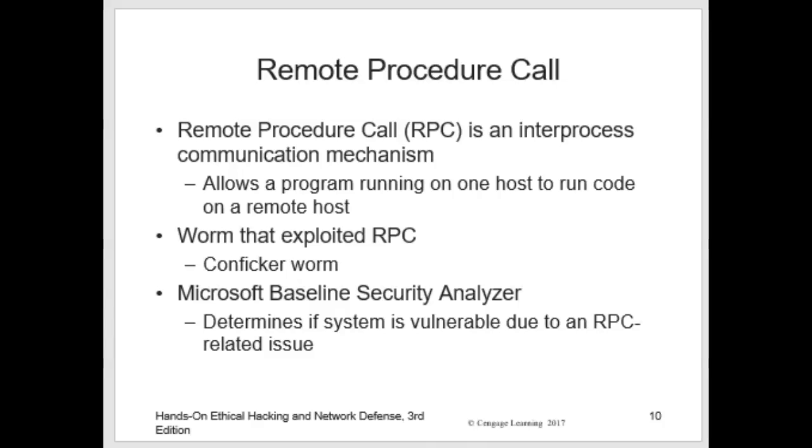Now, remote procedure calls, right? Remote procedure call is a protocol that one program can use to request service from a program located on another computer or on a network without having to understand the network's details. So RPC, as it's called, Remote Procedure Call, is used to call the other processes on that remote system like it's a local system.